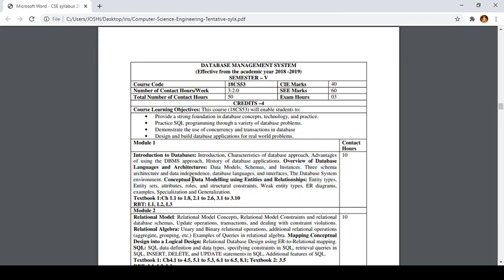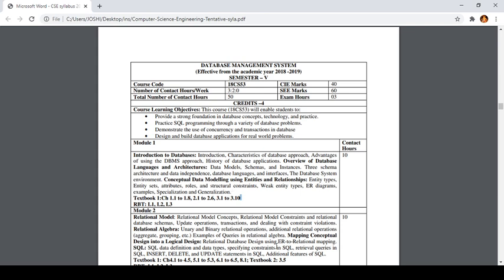In the conceptual data modeling, using the entities and relationship, entity types and entity sets, attributes, relations, structural constraint, weak entity types, ER diagrams and specialization and generalization. These are the things. So we will go one by one.